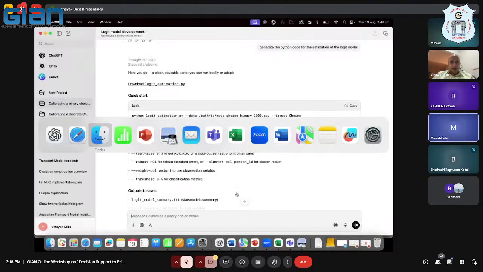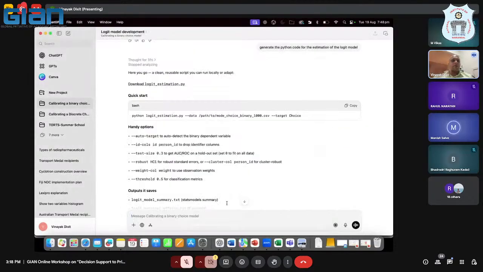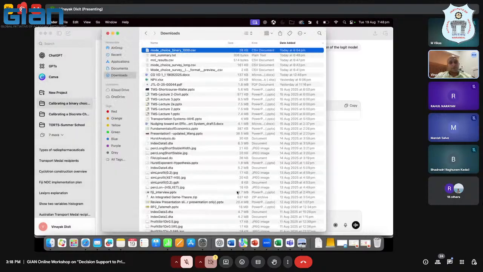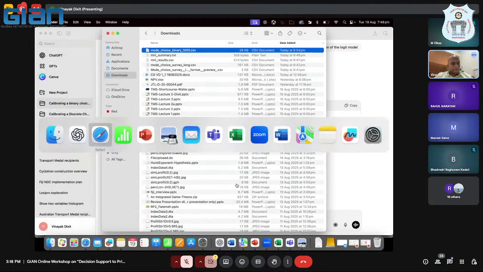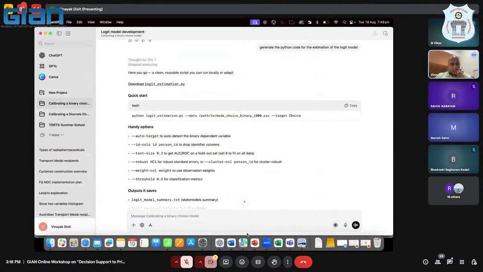This is not something I generated through ChatGPT. This is something I simulated based on Python, and I said, look, this is the utility function of a car. This is the utility function of a bus, train, cycle, and all of that. So this is how it would look. Does that make sense? I generated that through a simulation.